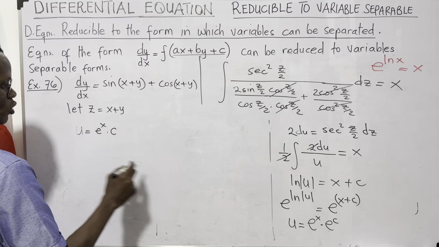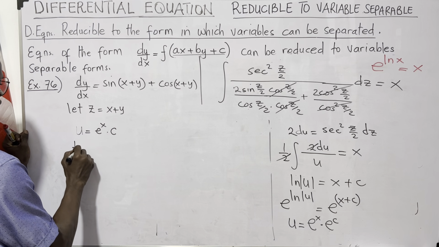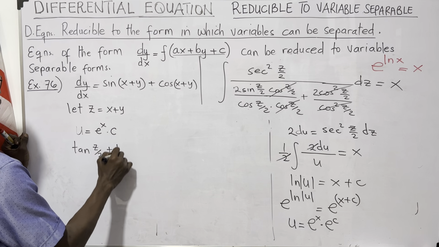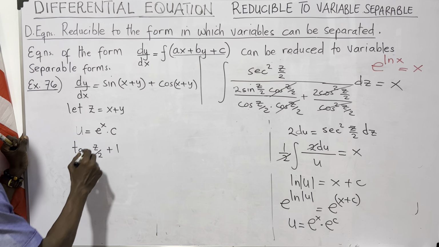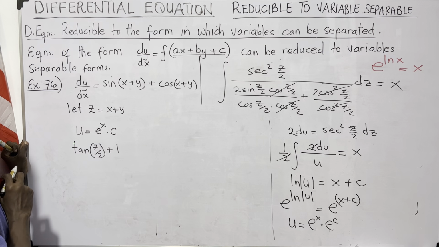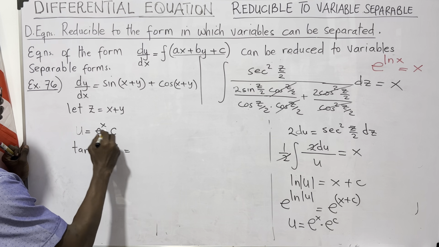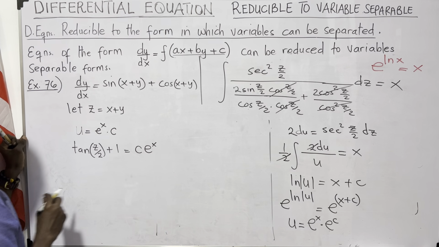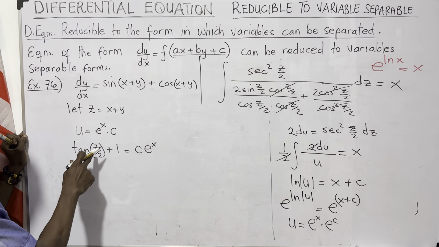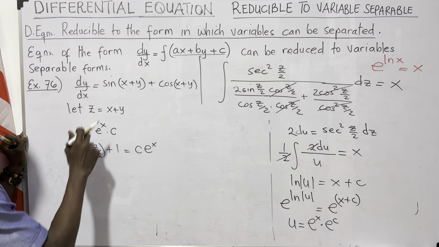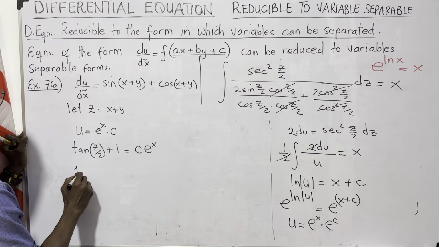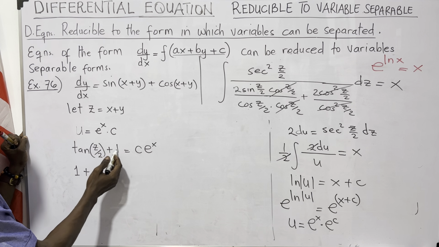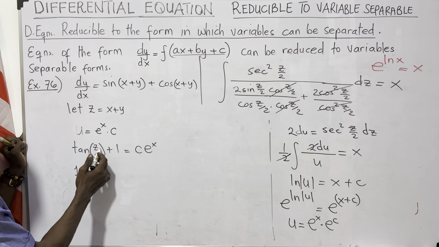What is u? We saw that u was tangent of z over 2 plus 1. So this is tangent of z over 2 plus 1 equals c e raised to the power x. Additionally, what is our z from the beginning? We can rewrite the 1 first if we like, so that it doesn't confuse us, like thinking that this 1 is also part of this angle.